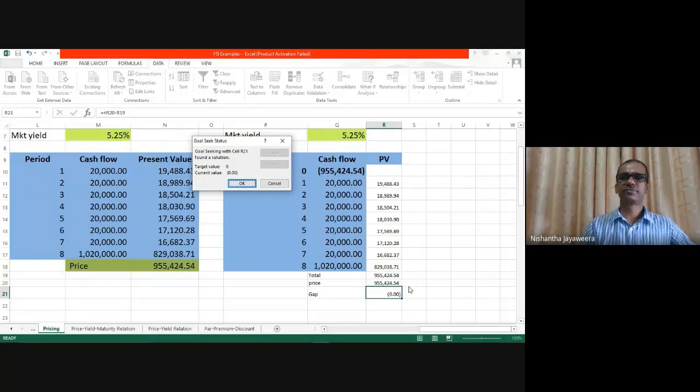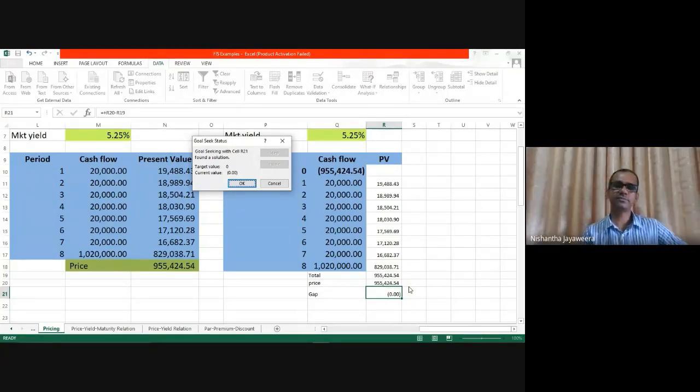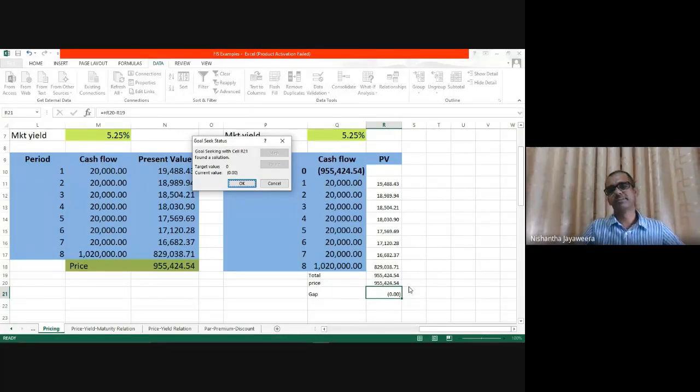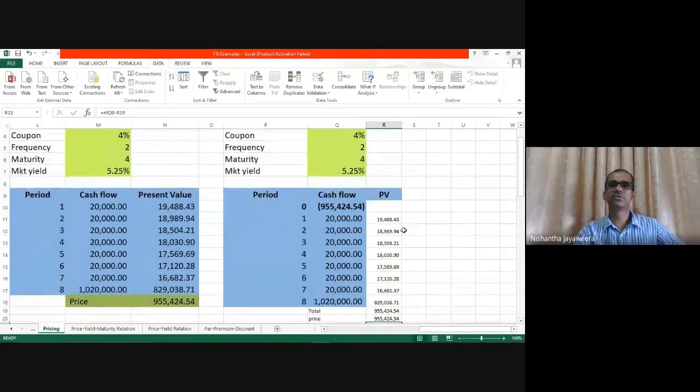So that's how you can use Excel to calculate the yield to maturity when you know the price and other terms of the bond. But remember, when you use IRR, you have to adjust the answer according to the coupon frequency.